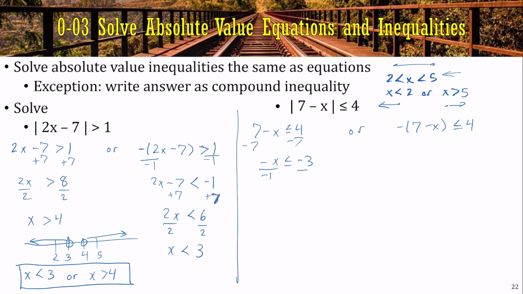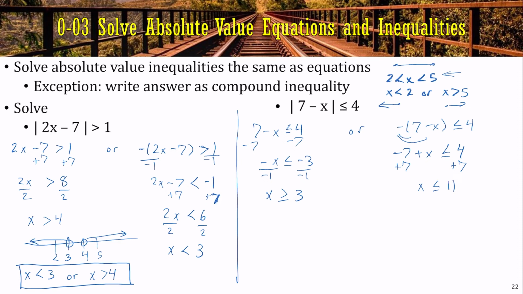Then we need to divide by negative 1. Remember, when you divide by a negative, you have to flip the inequality around. So the one I think I'm going to distribute the negative. That'll give me a positive x. Then add 7.